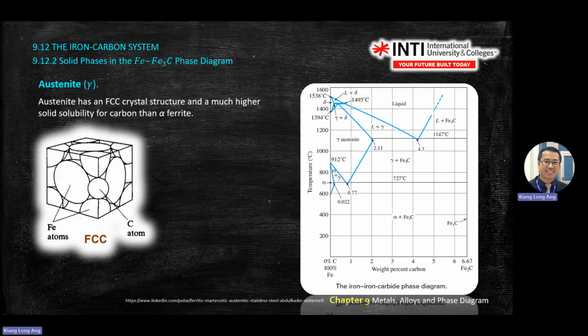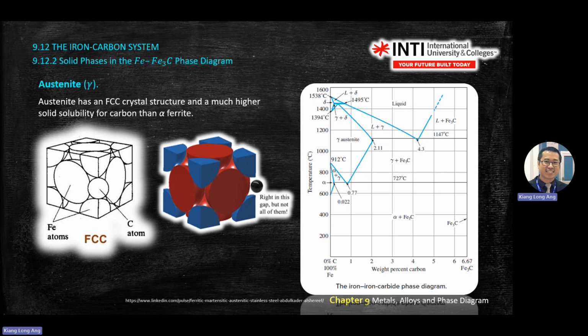So you see the carbon can fit inside, with more space for it to fit carbon. That's why you see from 0.022 to 2.1%. Not all of them, but there is a space for it to park.